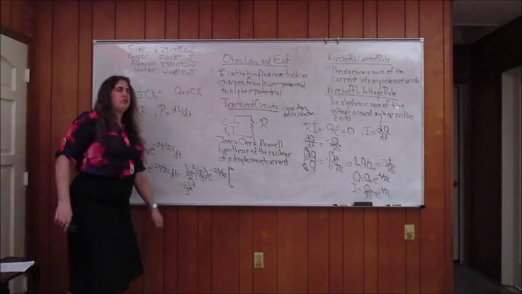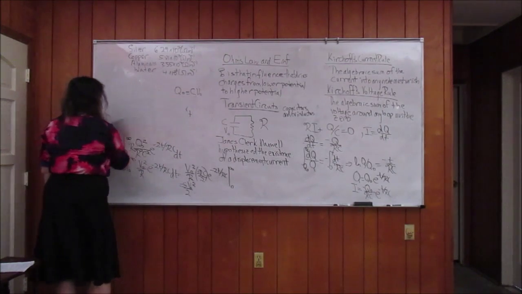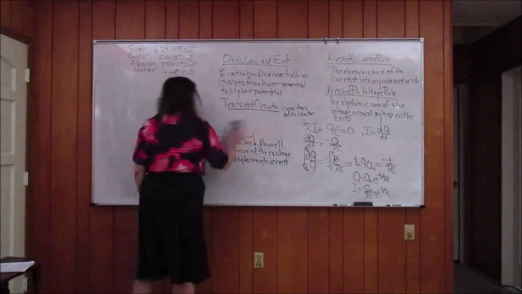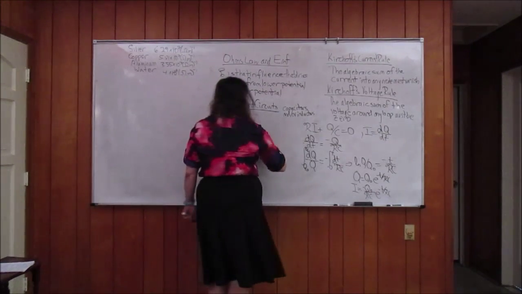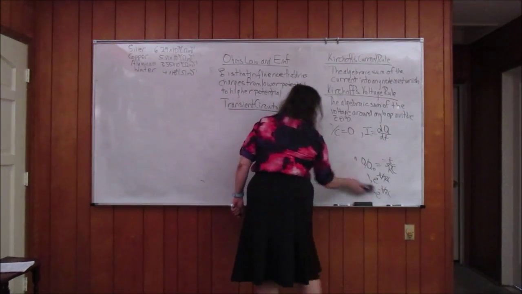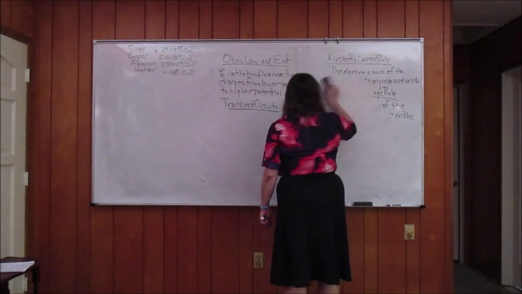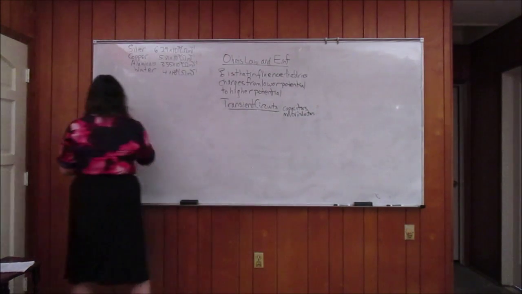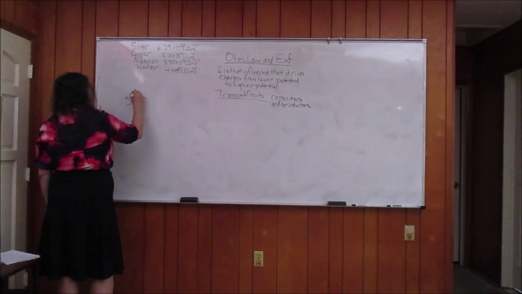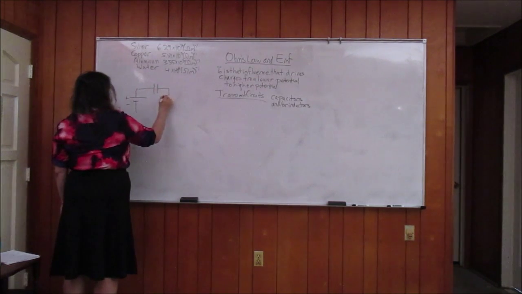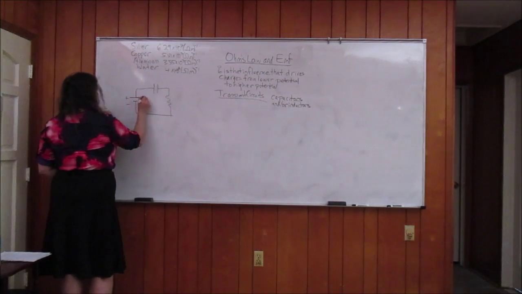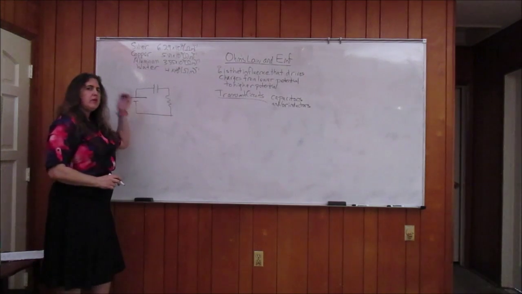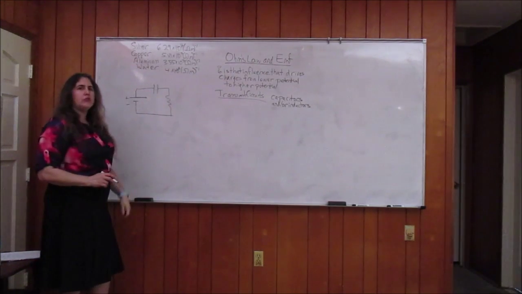Okay, so let's look at a charging circuit next. Okay, so now we have a charging circuit, and we have a battery that provides EMF hooked up to a capacitor and to a resistor.